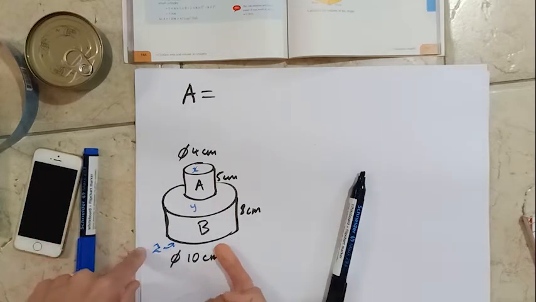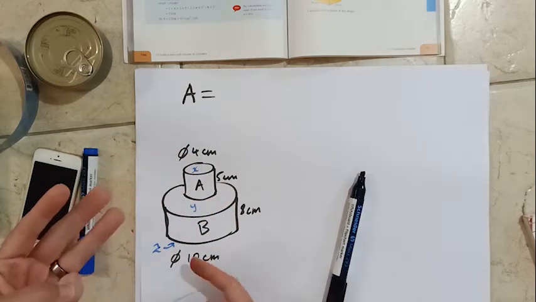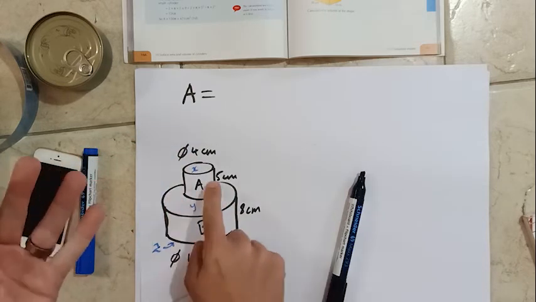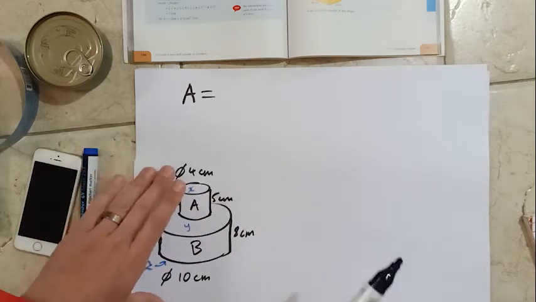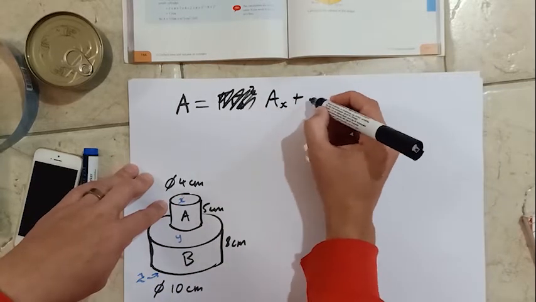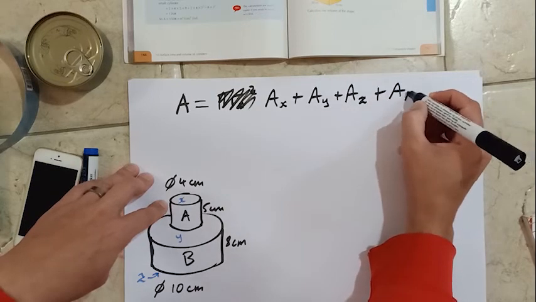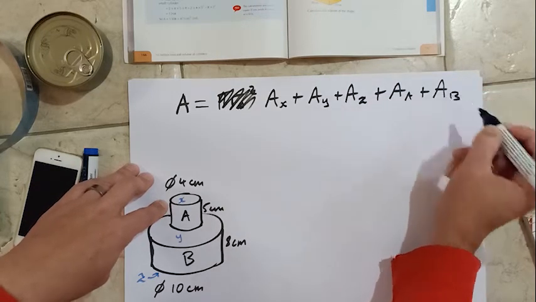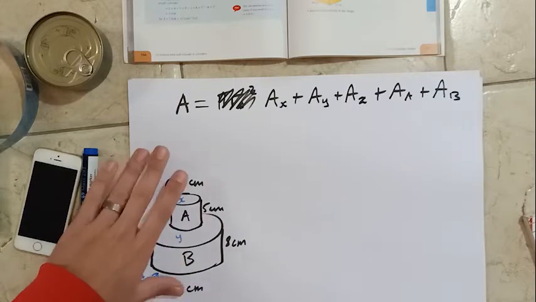We've got the very bottom, this platform here, and the very top, those three surfaces, plus this curved surface and this curved surface. So 5 surfaces: X, Y, Z, A, and B. That will help us out. It's the area of X plus the area of Y plus the area of Z plus the area of A plus the area of B. So we've got these 5 different areas that we need to add up.